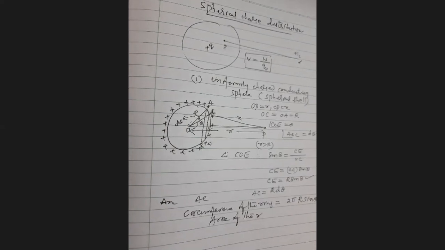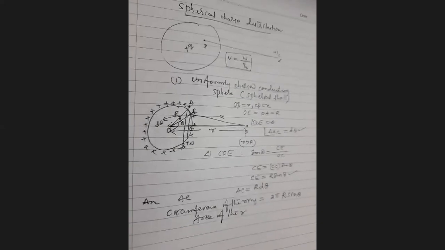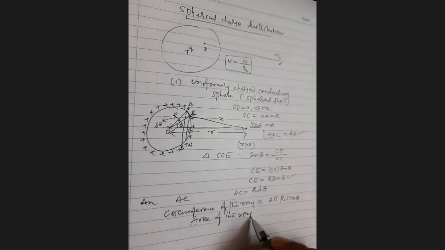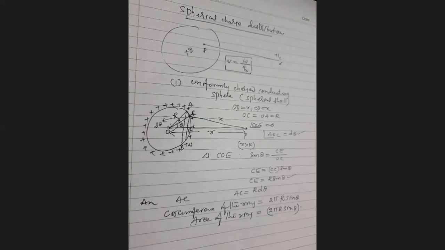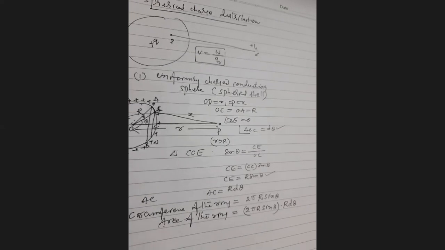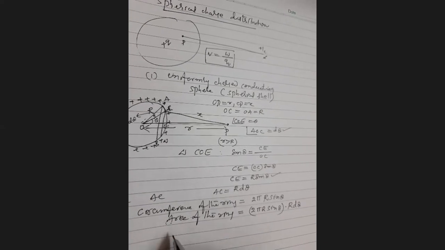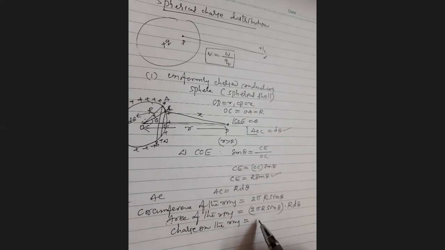Area of the ring is equal to 2 pi R sine theta into R d theta. Then charge on the ring. Charge on the ring is given by area of the ring into surface charge density.